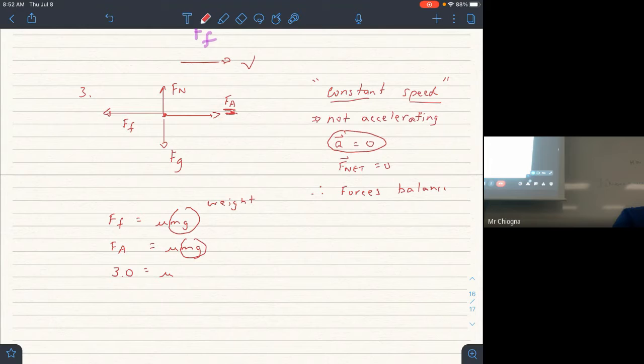They say it's a 20 Newton object. Look at the unit. Implies weight. I just plug in 20 here. So 3.0 over 20 is 0.15. No unit.